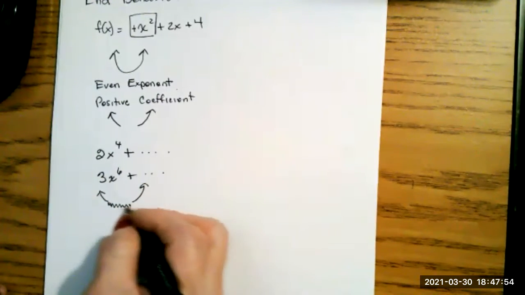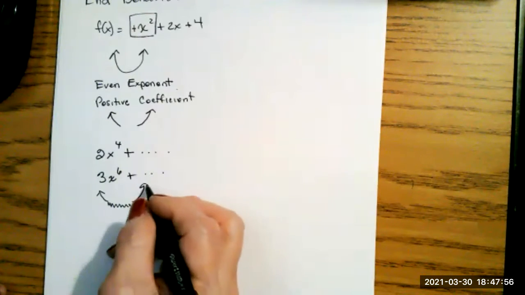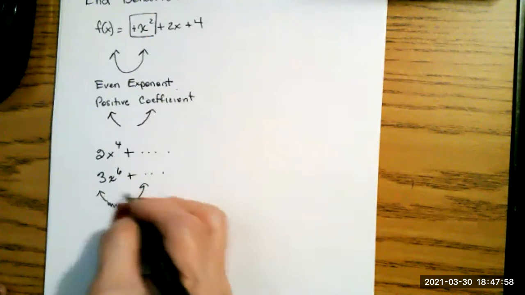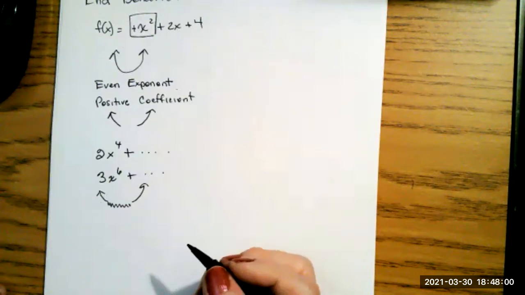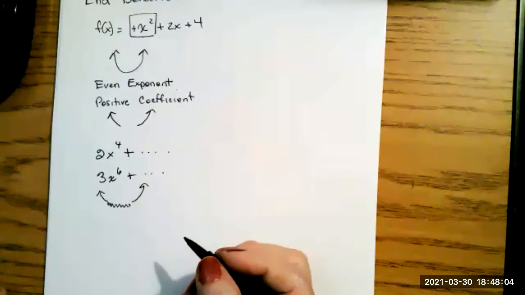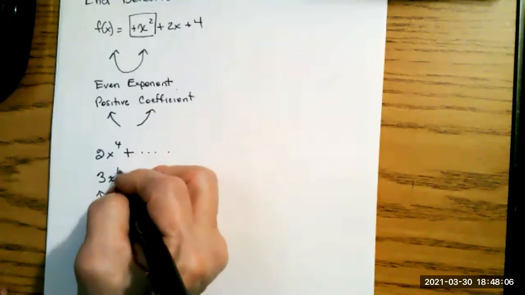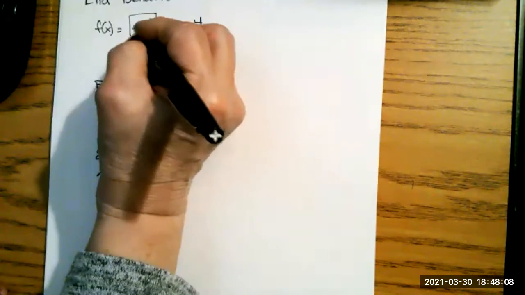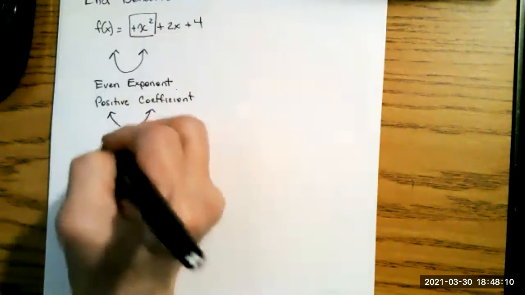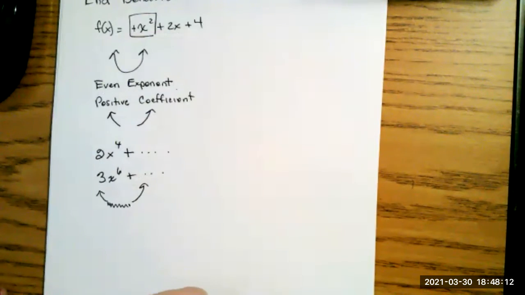But I know the ends of it are both going to stick up, whether it's an x to the 6th or an x to the 4th or an x to the 8th or an x to the 10th. If it's a positive coefficient and an even exponent, the ends of it are going to both go up.